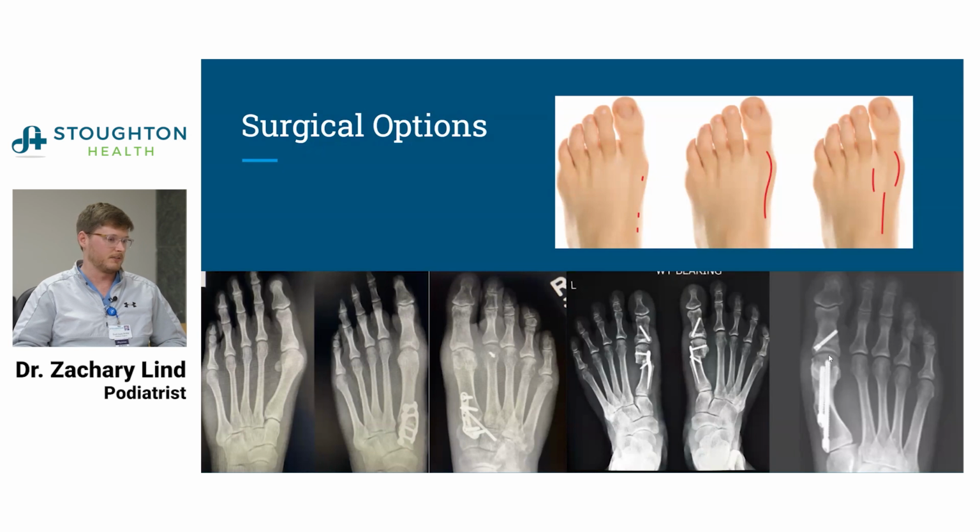So this one here, even though it looks like it has the most amount of hardware, is actually these 3 little small incisions here. And what you do is you make just a little small poke hole here, you put a burr in to make your cut, you shift the head of the bone over, and then these 2 little incisions are for your screws.